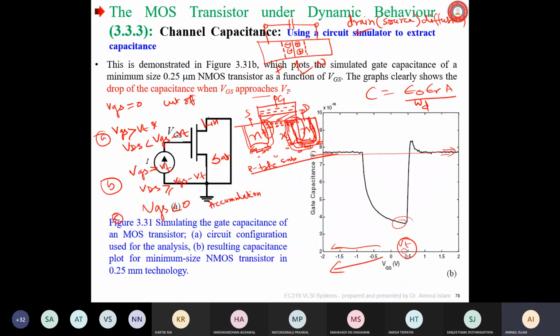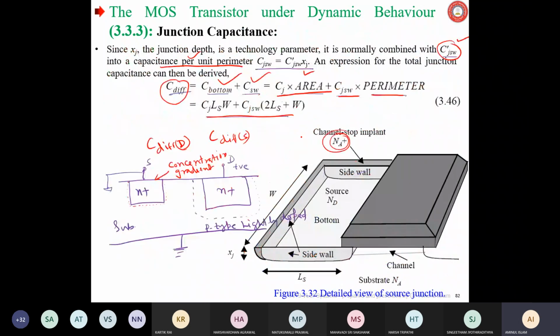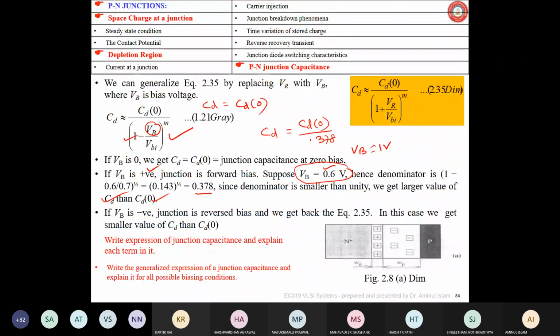I mean to say, if it is forward biased, this reverse biased diode will be forward biased and transistor action will be lost. We cannot do that. Now, if VB is negative, then the junction is reverse biased. In this case, we get a smaller value of CD, because minus minus will be plus. So 1 plus something means your denominator is greater than unity, and hence the CD value will be smaller than CD0.